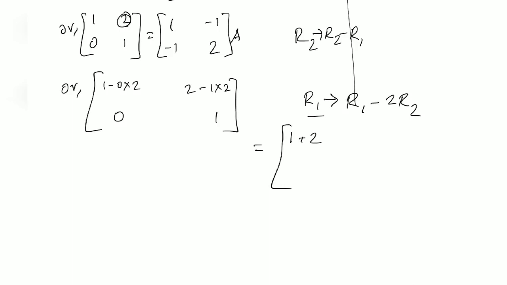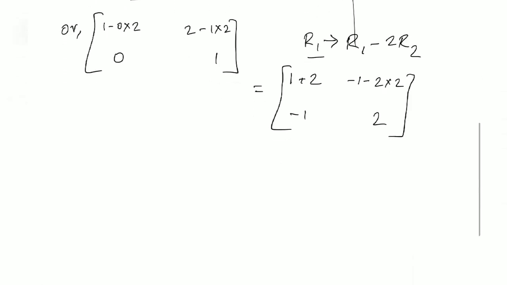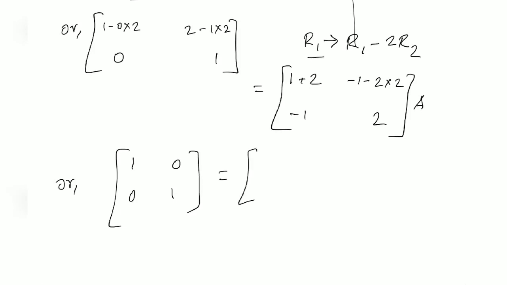So we have 1 plus 2, and here minus 1 minus 2 into 2, and that will be into A. So what you are having is 1 0 as well, 0 1, hence we are getting the identity matrix.